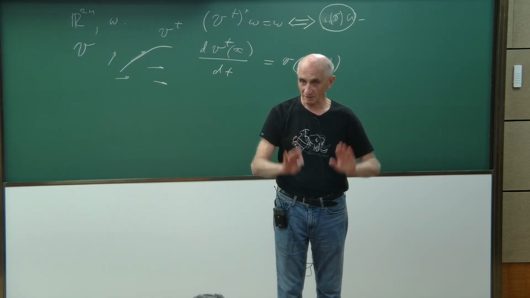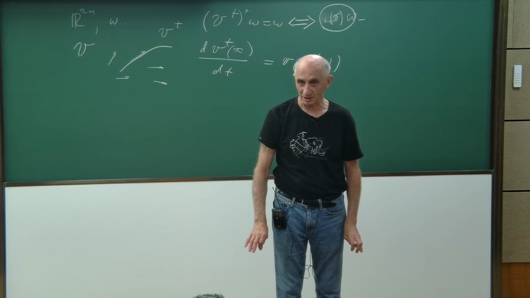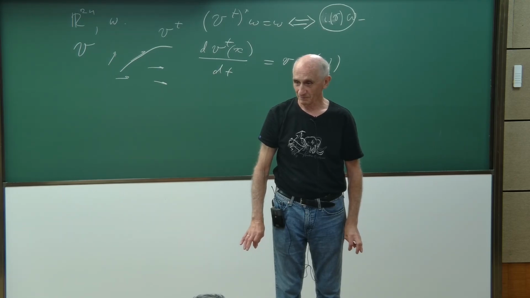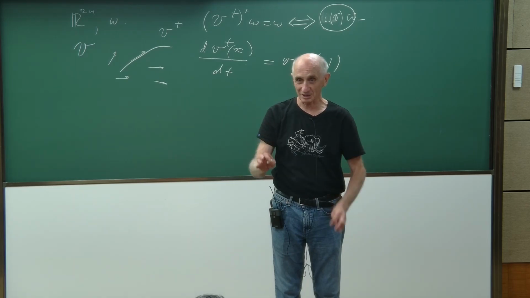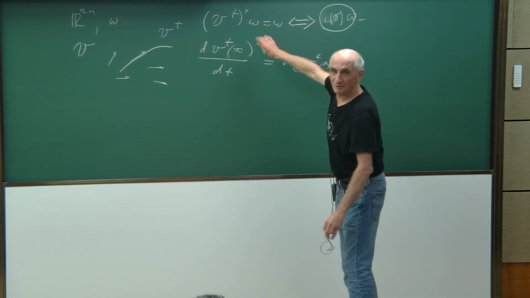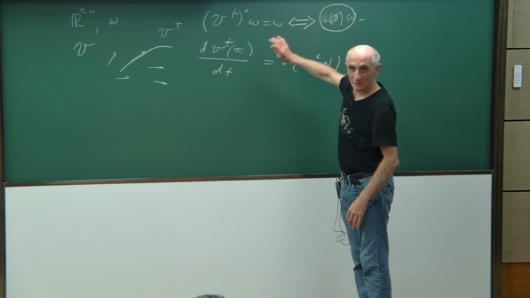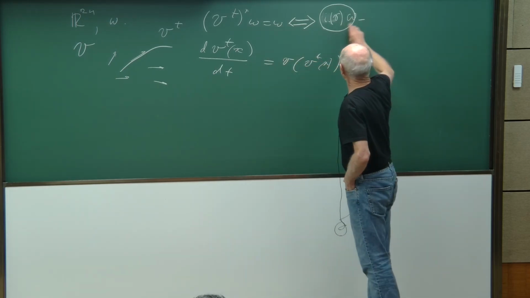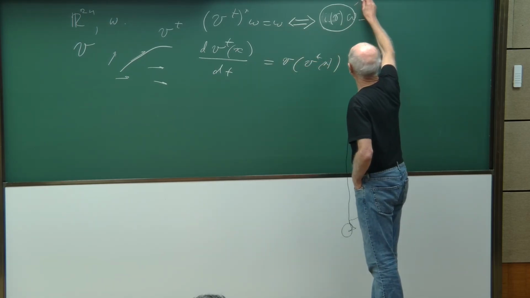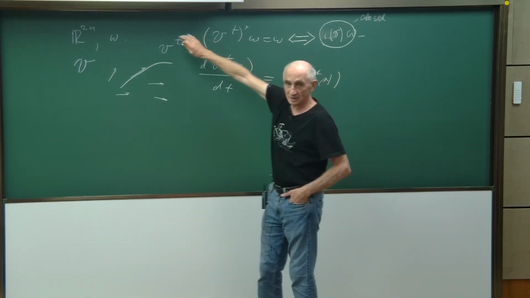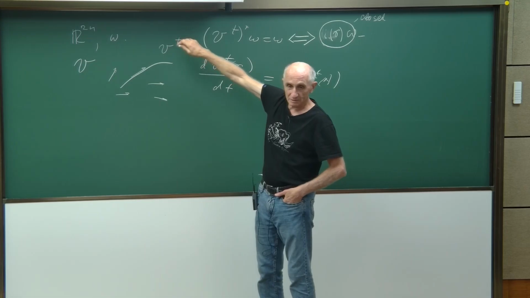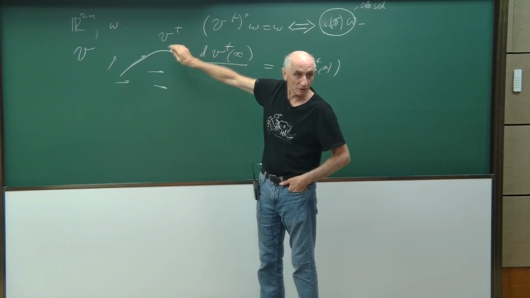Is it okay? Or should we elaborate on this? You just tell me, because if needed, maybe we'll work it out. So if this is closed, this is equivalent to the fact that the flow consists of symplectic transformations.